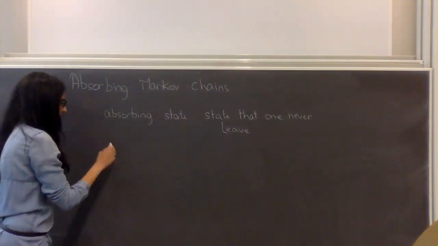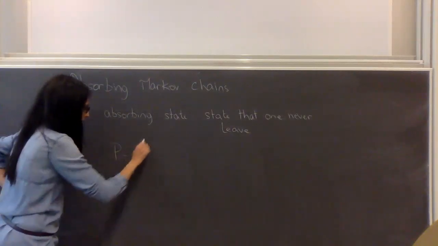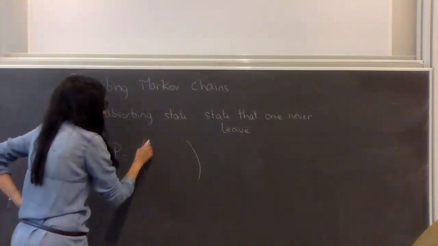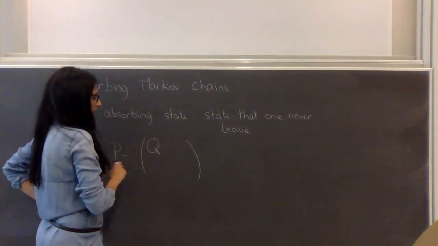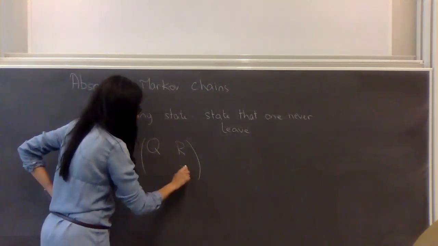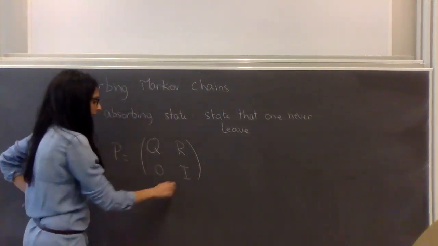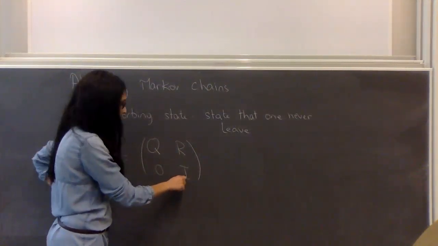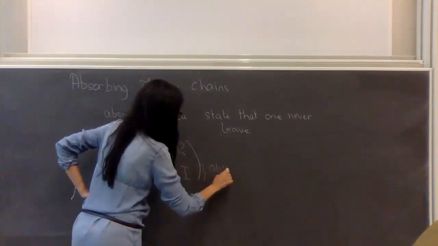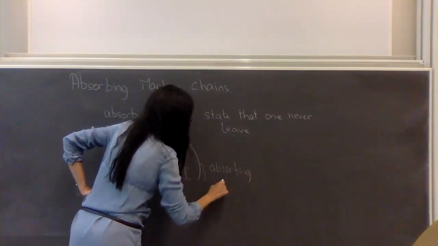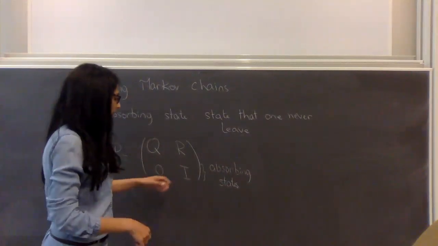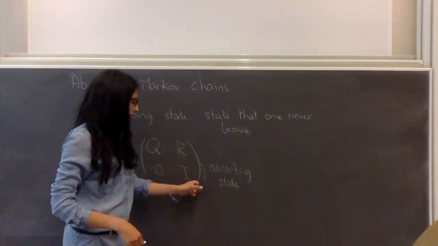The transition matrix of an absorbing Markov chain can be written in the canonical form: Q, R, I, 0. I is an identity matrix, and here I will put the absorbing states. So I can rewrite my matrix in order to get identity, so the ones should be on the diagonal.